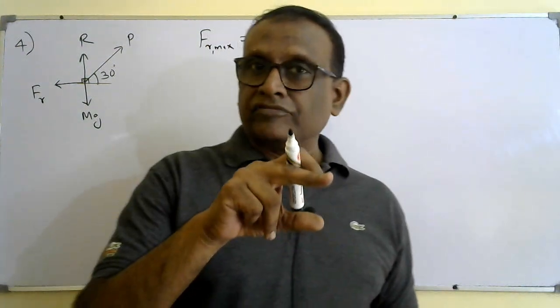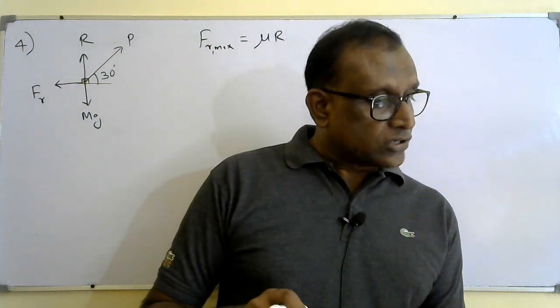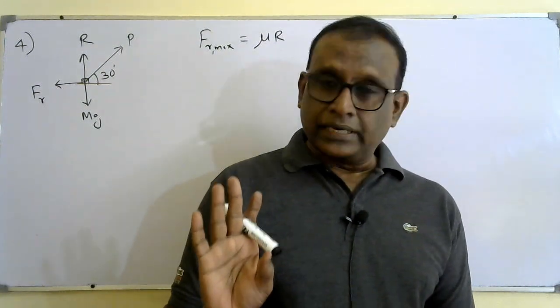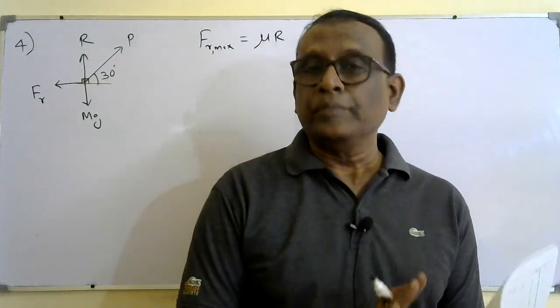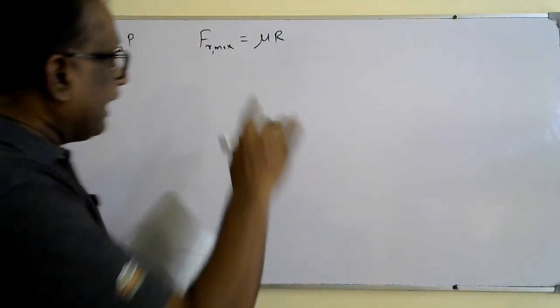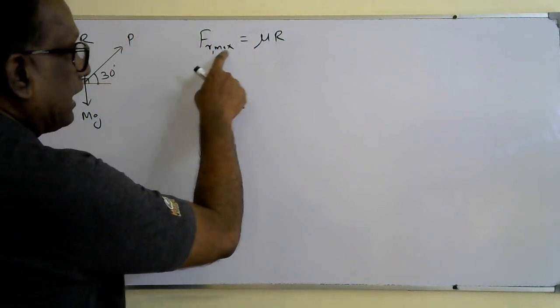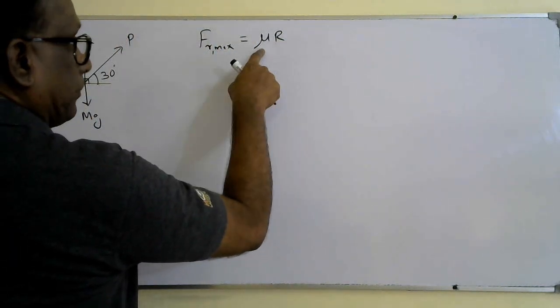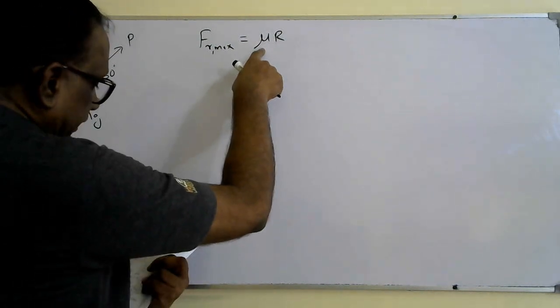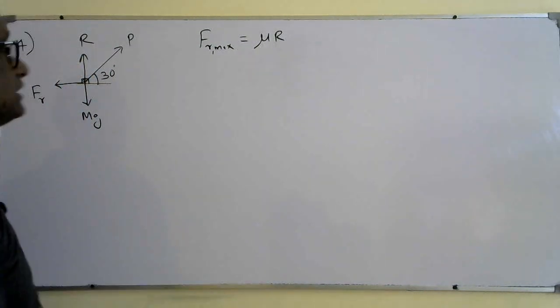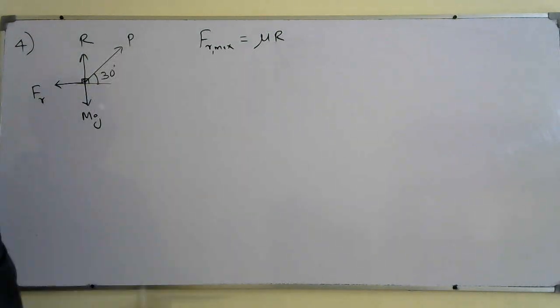Earlier we found the limiting friction 18 Newton when P was 14 Newton. But now it won't be 18, because mu is constant, given as 3 by 7, but R is going to change because R depends on P.